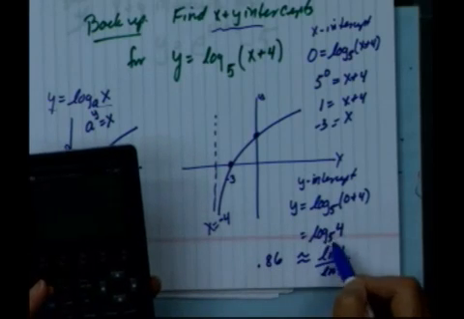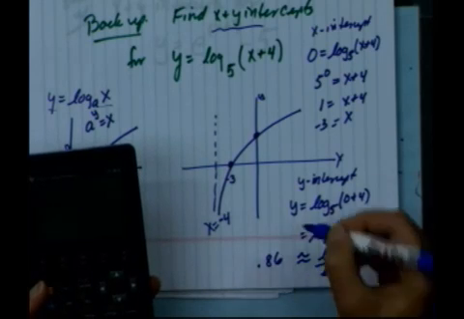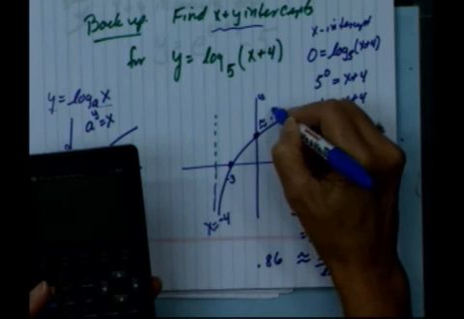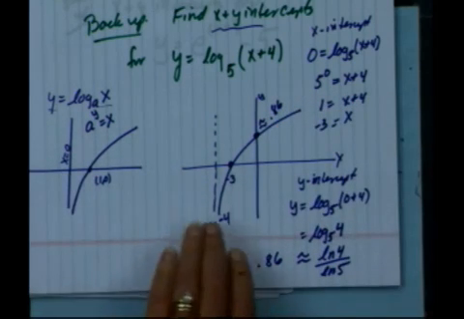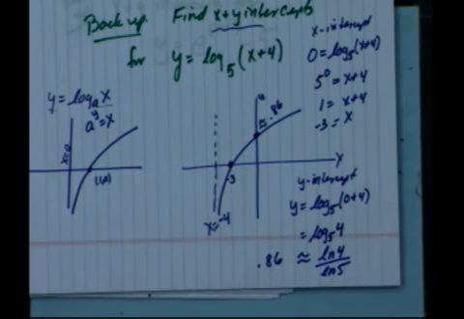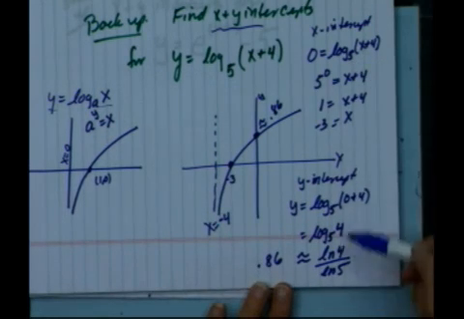The real value is log base 5 of 4, but this is approximately equal to 0.86. So you have an idea of where it's touching the y-axis. Okay, is everybody good on that? So see, you've been solving exponential and log equations. Here's a good reason to do that, to help you find your x and y intercepts.